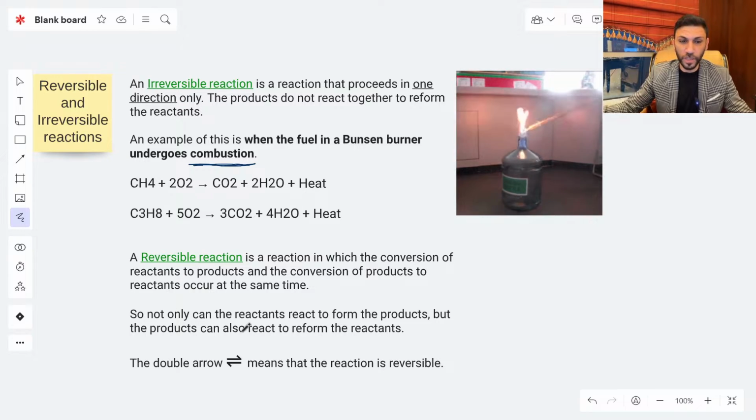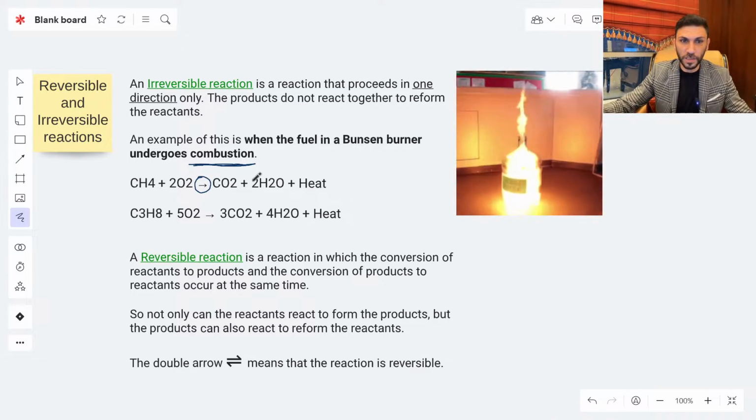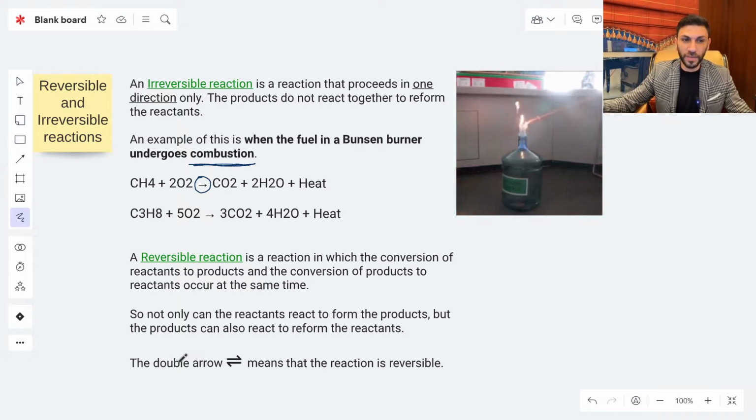So not only the reactants react to form the products, but also the products can react to reform the reactants again. In the irreversible reaction, we use one arrow from the reactants to the products. But in the reversible reaction, we use a double arrow, one from the reactants to the products and the other one from the products to the reactants.